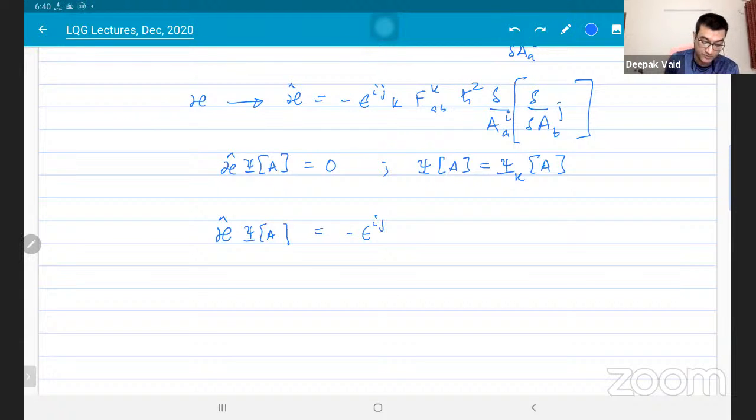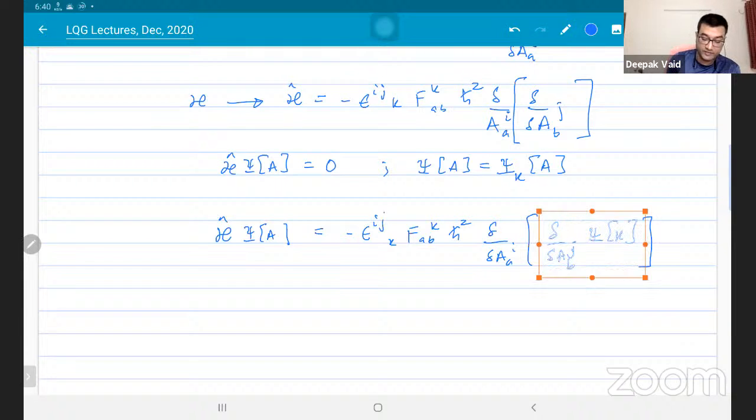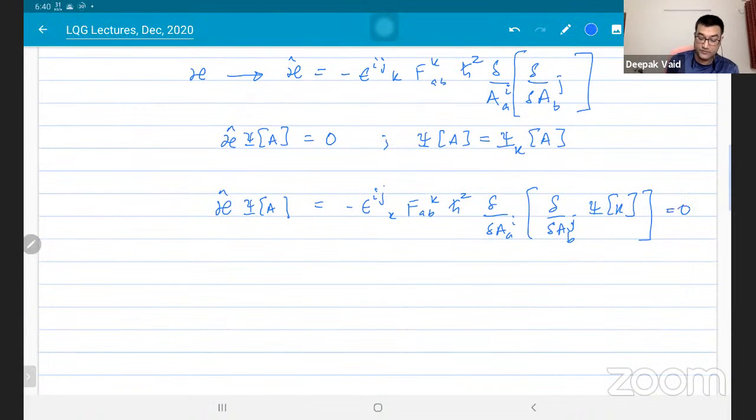Yes, the minus sign is because of the I. So f a b k s squared delta by delta I a b j. So you have to take the derivative of this with respect to A, and then the derivative of this whole thing with respect to A. And this gives you 0.